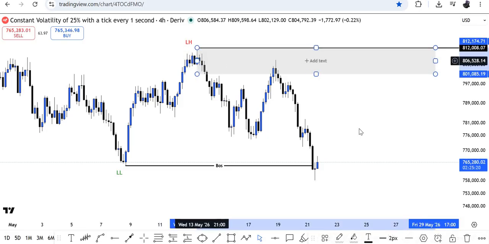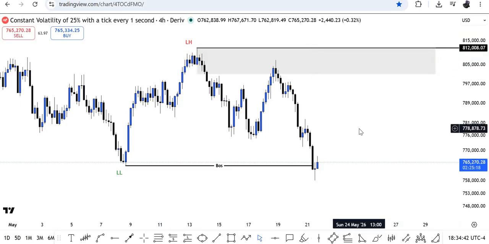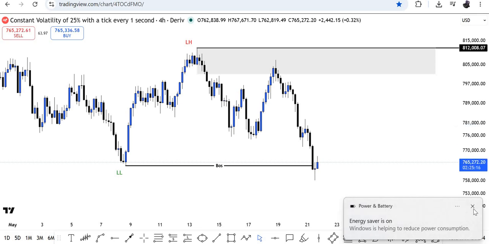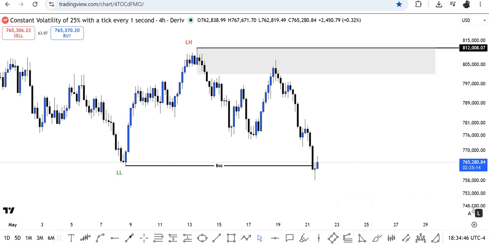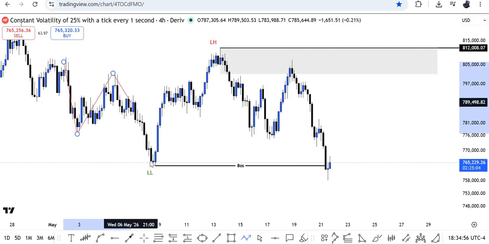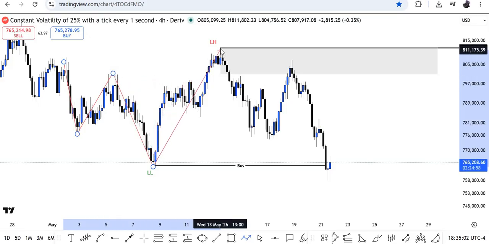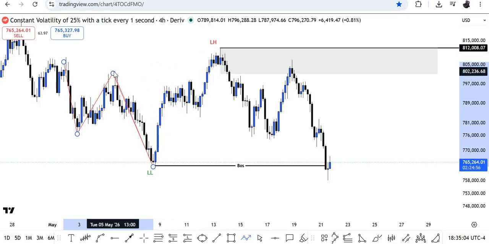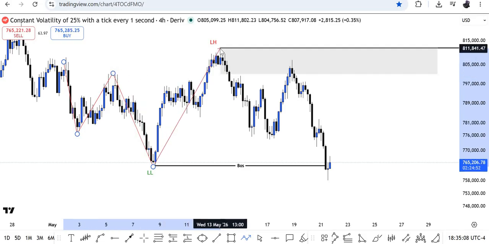For the H4, if you notice, when we were traveling down from here, lower high, lower low, this lower high got broken right here. So now we're tracking the 4-hour. This got broken right here.